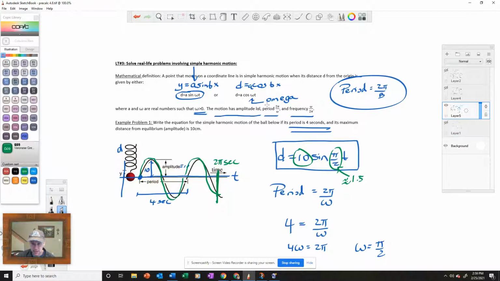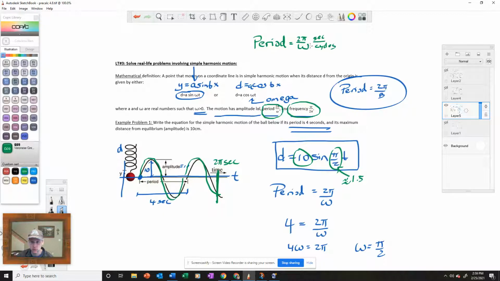Did you notice that the period and the frequency are just reciprocal of each other, right? So I'm going to come up here and write that bigger because I can't write it so small in there. We know that the period is 2 pi over omega. And the units for that are seconds per cycle, right?